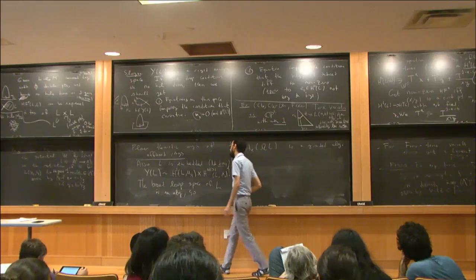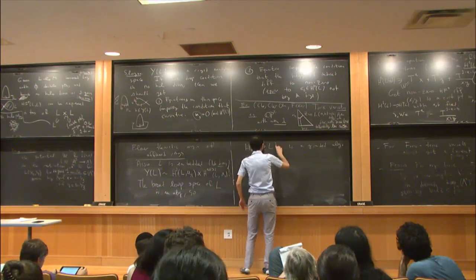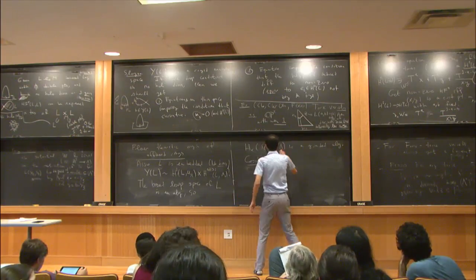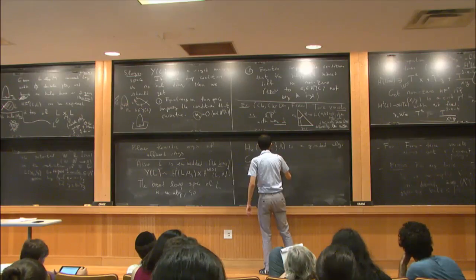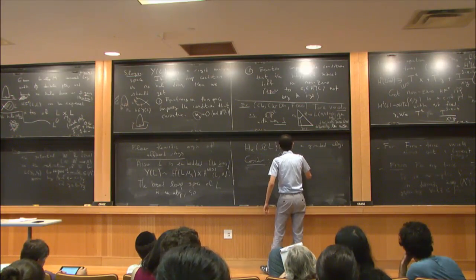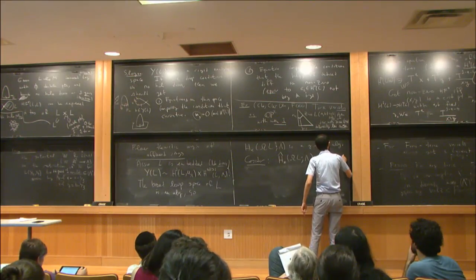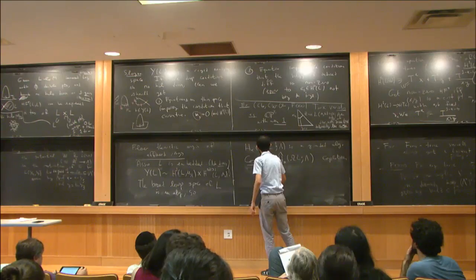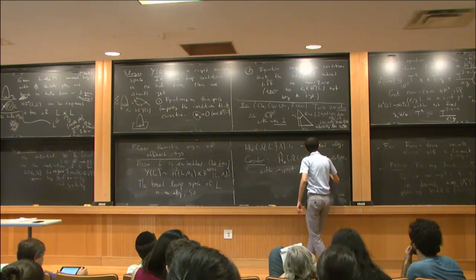Now I want to consider this homology with Lambda coefficients, and consider the completion with respect to the t-adic topology. So what does that mean?